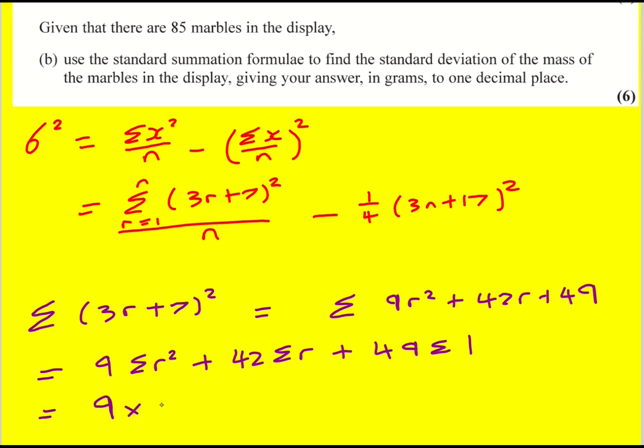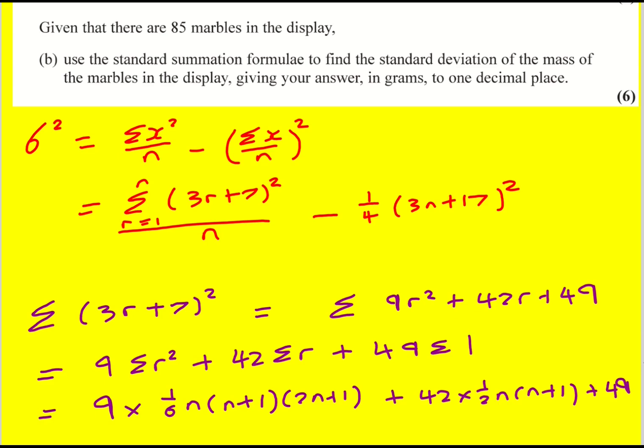Okay, and the formula for r squared is 1/6 n plus 1, 2n plus 1. This is actually given in the formula book, but do learn it. And then I've got plus 42 times a half n plus 1, just like before, plus 49.